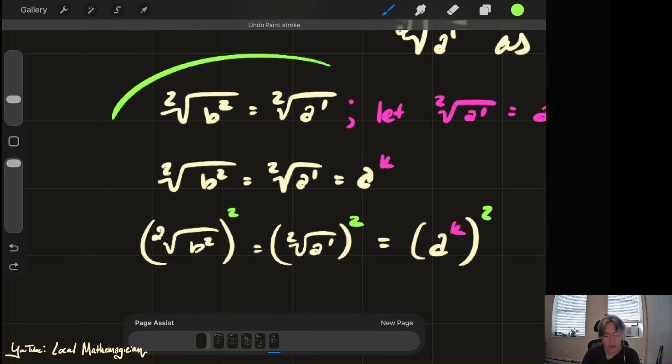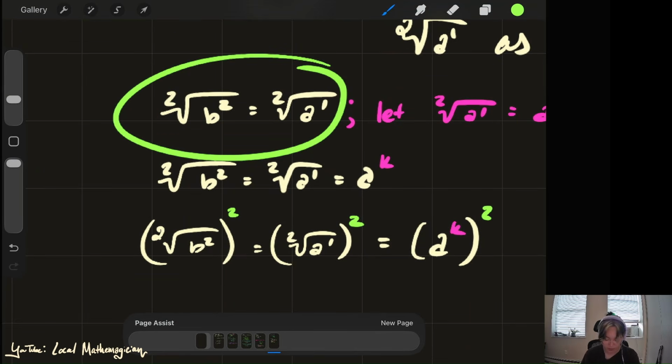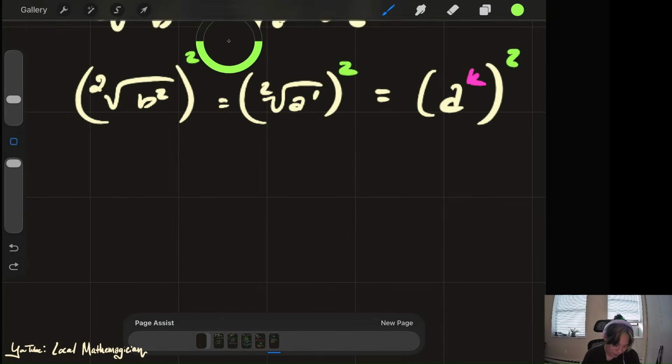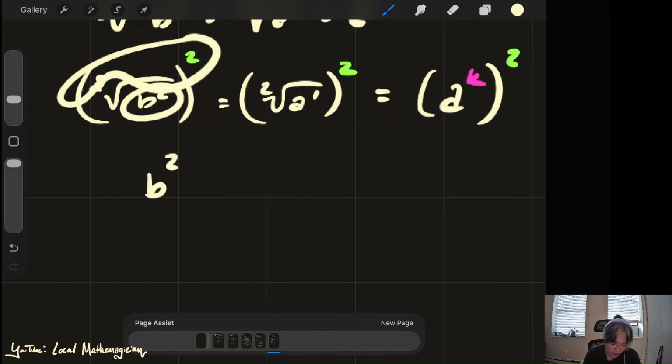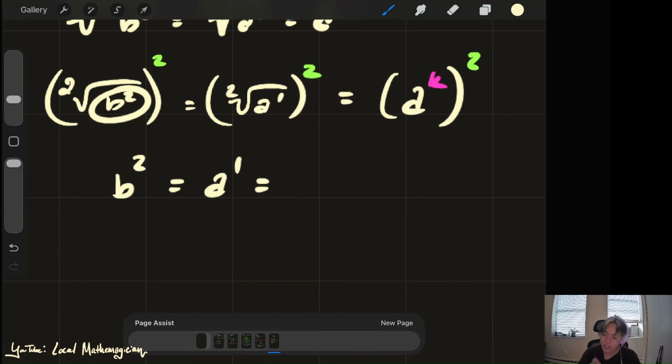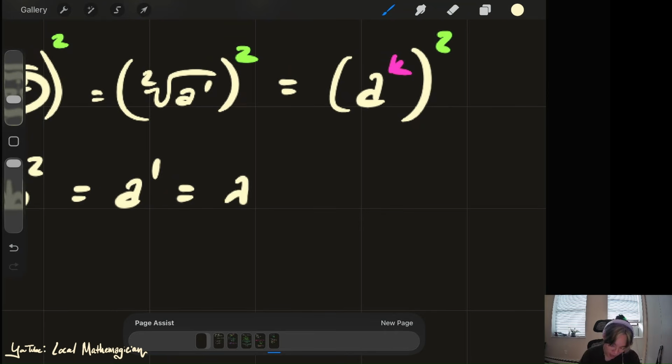These just get turned back to here. This is just going to give you b squared, the inside, because these two cancel out, which is equal to a to the first, which is equal to, here's the interesting part, a to the k squared. This is the same as saying a to the k times a to the k.